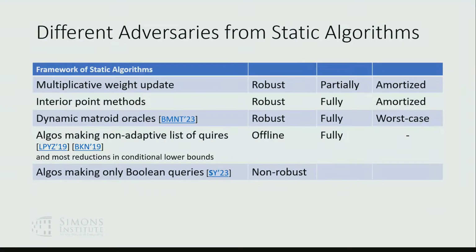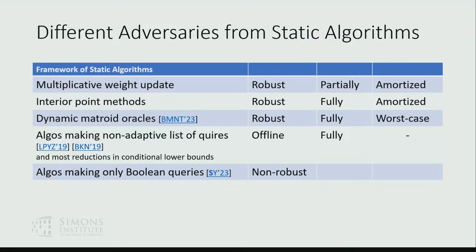So I just want to tell you briefly that most of the time, when you try to implement the weight update framework to solve some problem, the kind of dynamic data structure that you need is usually robust, partially dynamic, and amortized, with amortized update time.